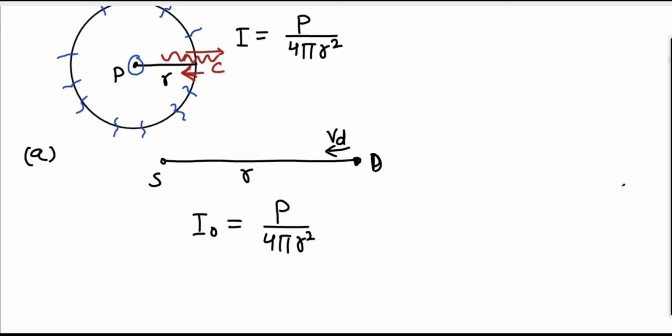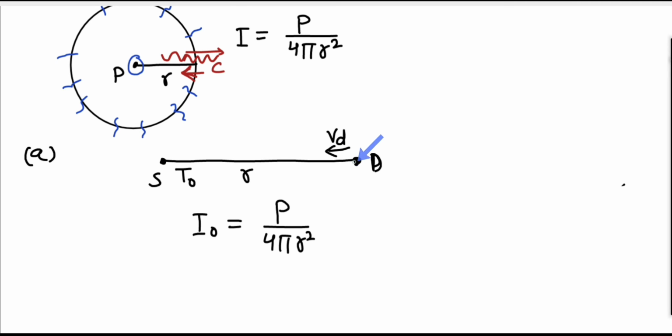So how do I determine that? We can just use this one concept here, that the amount of energy that is being released by this source in one time period, so let's say the original time period of the source is T naught, will be equal to P naught into T naught, right?